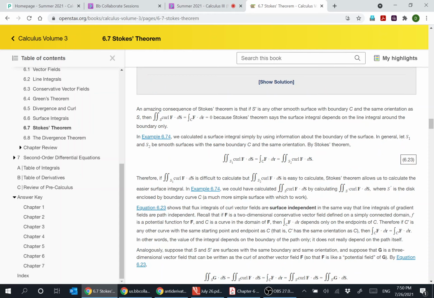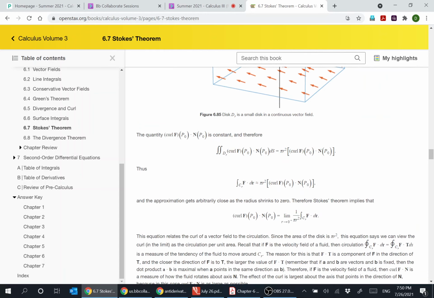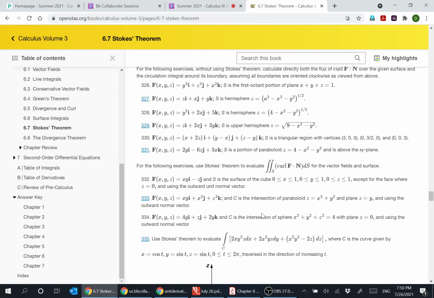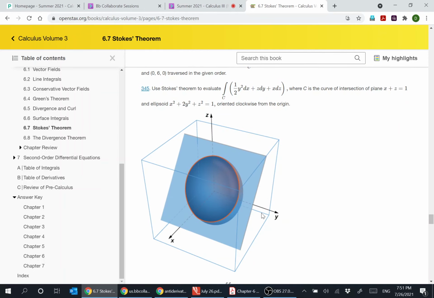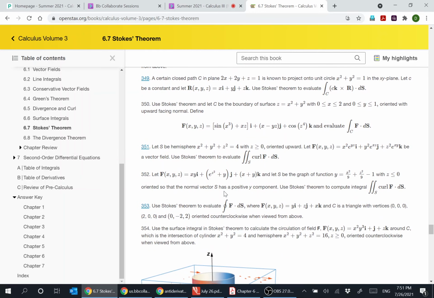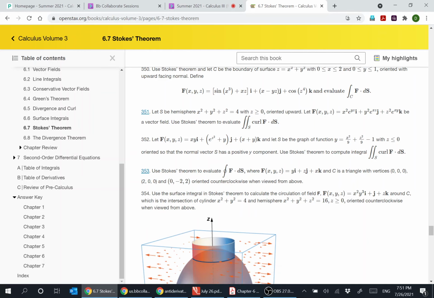So let's do, say, number 353, 351. Let's see. Use Stokes' theorem to evaluate the line integral of f dot dr, where this is f, and C is the triangle with vertices 0, 0, 0, 2, 0, 0, and 0, negative 2, 2, oriented clockwise when viewed from above.